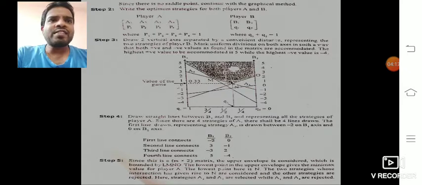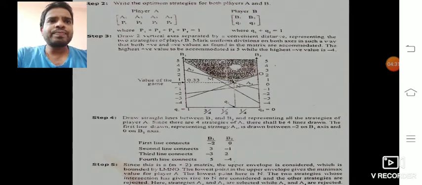Now these 2 lines are separated by the probability line, with Q2 equal to 0 on the right side and Q1 equal to 1 on the left side, and that line is divided into 4 equal parts: 1 by 4, 1 by 2, 3 by 4. Now you can go for plotting the graph here.